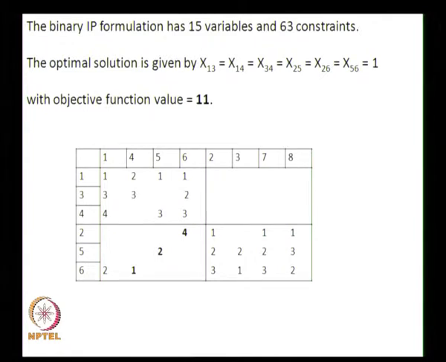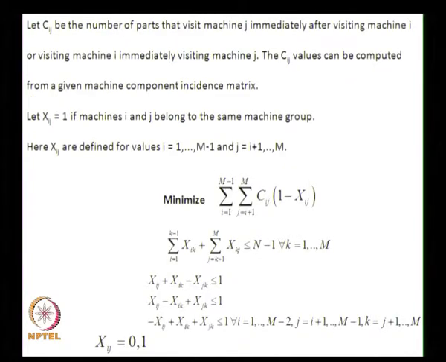Now, the formulation is to minimize the double summation of Cij into 1 minus Xij. Let us find out what we attempt to do by minimizing this. When we have a large Cij, it means we have machines i and j where a large number of parts visit i immediately after j or j immediately after i.